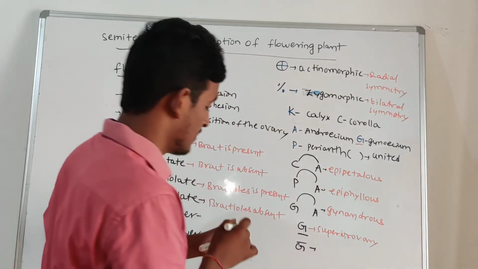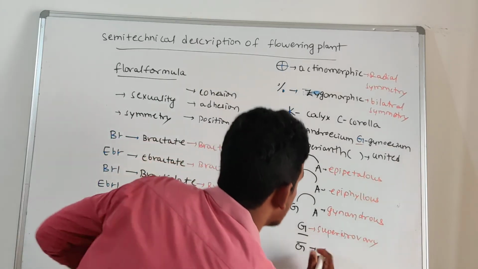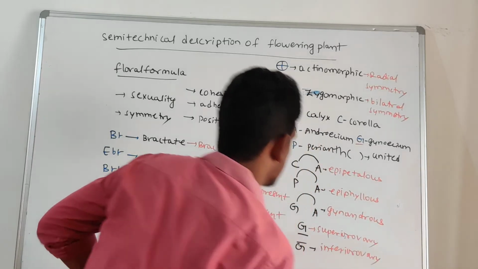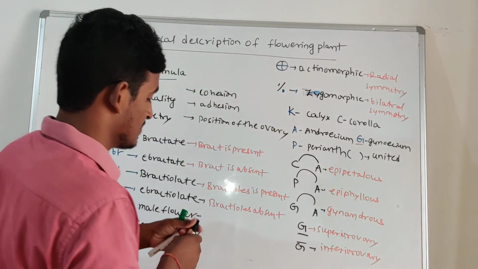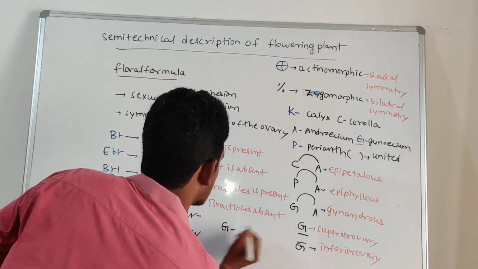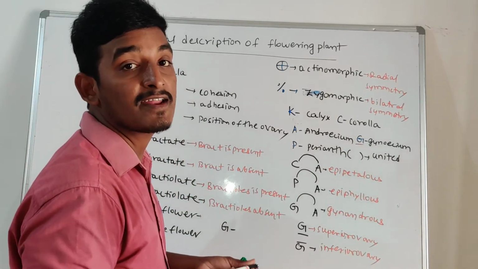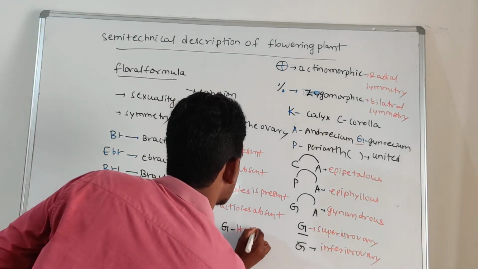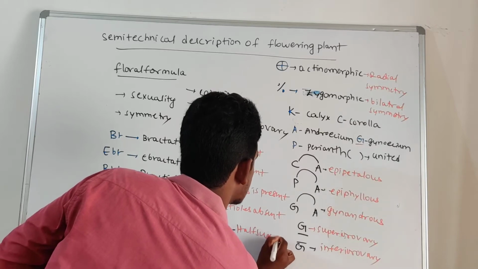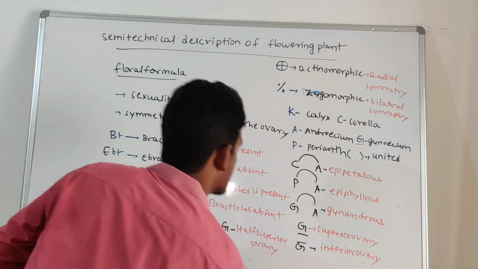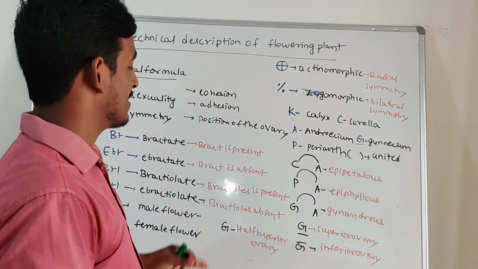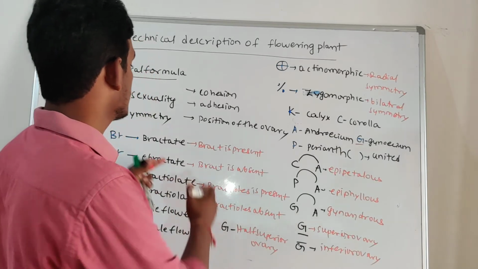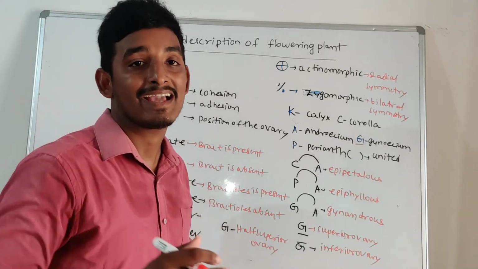This type of ovary we call an inferior ovary. Then it is a half inferior or half superior ovary. Right? So in this way we represent the floral formula, using various symbols. Later we will discuss a floral diagram.